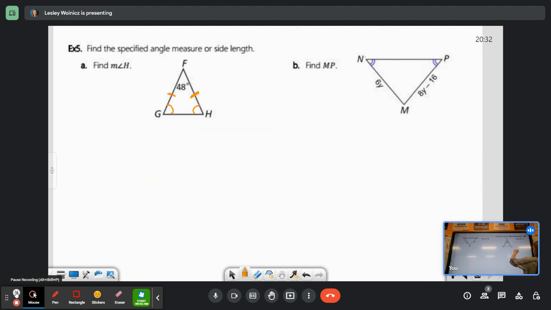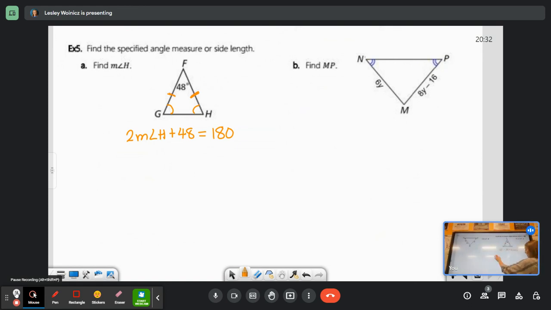So I know that 2 times the measure of angle H plus 48 has to add up to 180. Okay, so I'm using a couple of things here. I'm using my Isosceles Triangle Theorem. I'm using my sum of interior angles of a triangle theorem. I'm using a whole bunch of stuff.